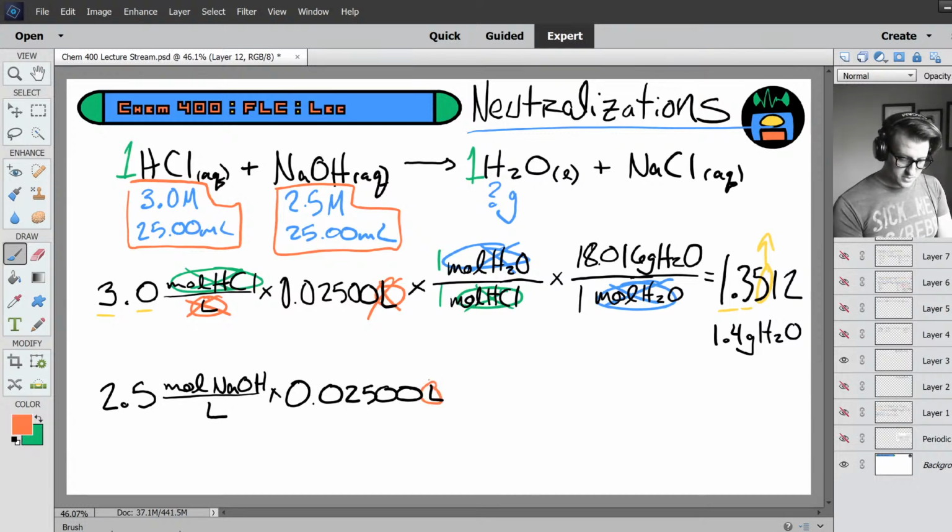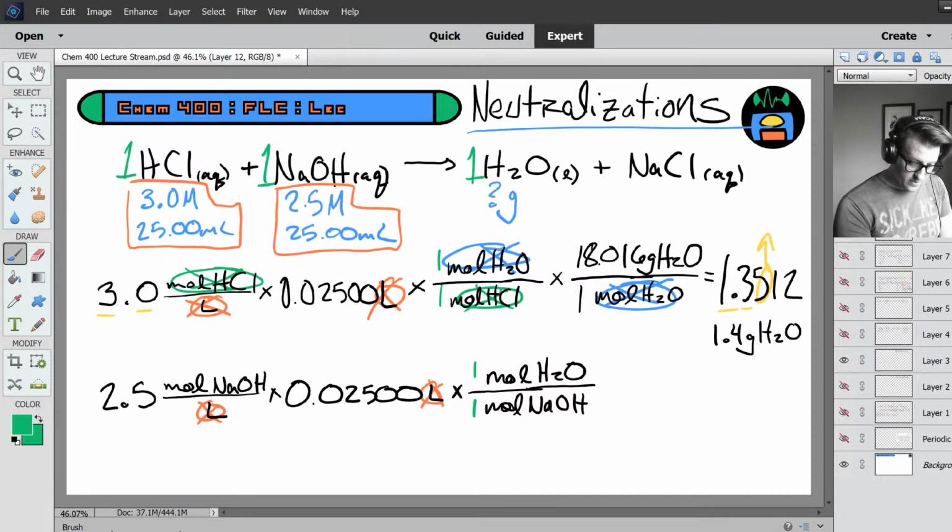Our volume cancels. Next, we convert from moles of sodium hydroxide to moles of H2O, 1 to 1. Again, because we get that from the balanced chemical equation, 1 mole of sodium hydroxide produces 1 mole of water. So moles of sodium hydroxide cancel.